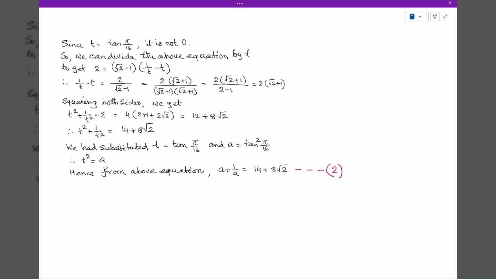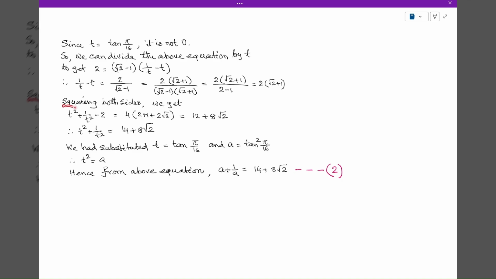X square will be square root of 2 multiplied by square root of 2 is equal to 2, minus y square will be minus 1 into plus 1 is equal to minus 1. And this combined value is equal to plus 1. Therefore, 1 by t minus t is equal to 2 multiplied by square root of 2 plus 1.